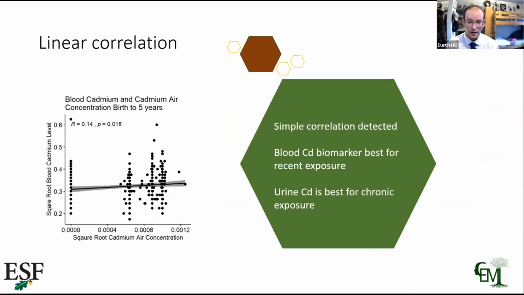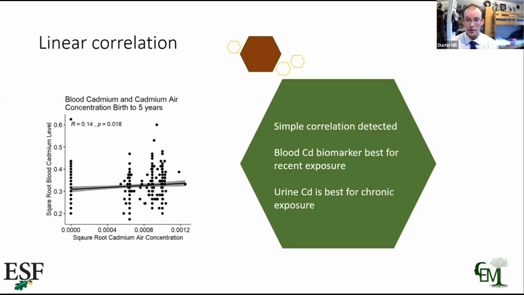where greater REC cadmium levels were correlated with greater blood cadmium levels. But one thing that we had to consider when working with this data was that blood cadmium as a biomarker is one metric, but it's not necessarily the best metric for chronic exposure. It's actually better for more recent exposure to cadmium, so within a few weeks to a few months. And so it wasn't the best matchup for the REC chronic exposure estimate we were working with.